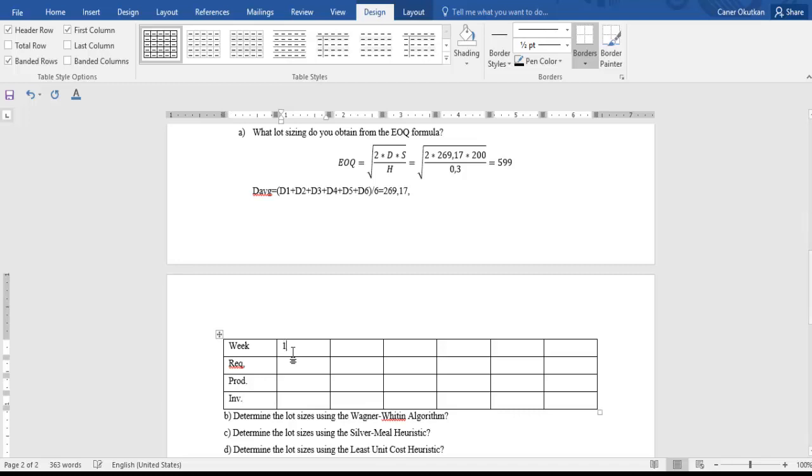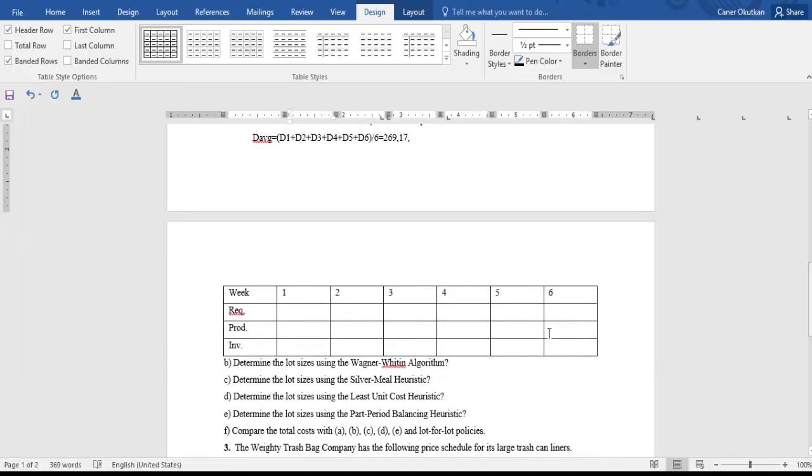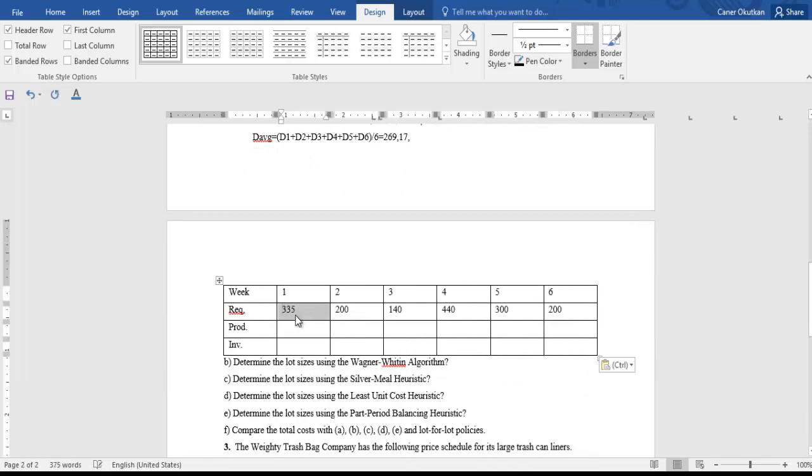So we have 6 weeks, 1 2 3 4 1 2 3 4, and requirements. What's the requirements? Copy, paste. Okay, production, inventory.